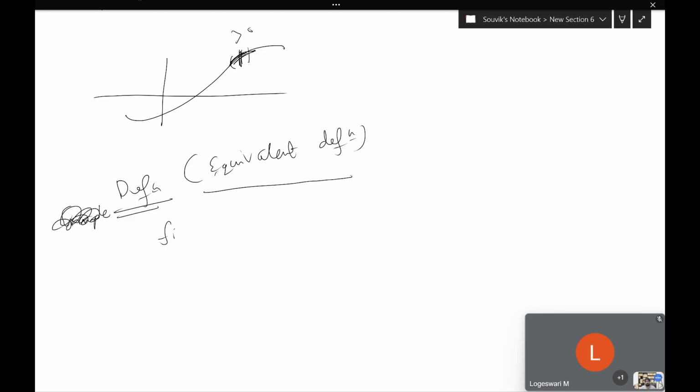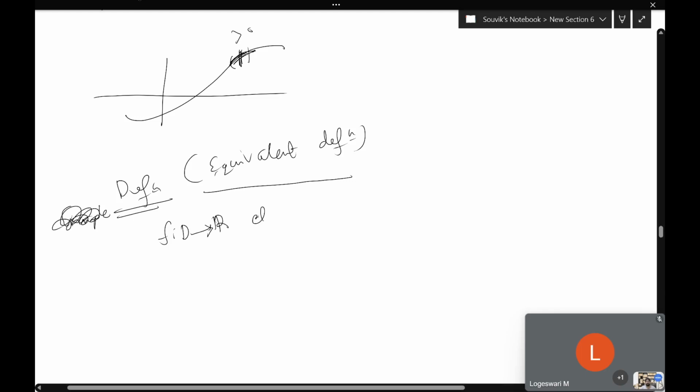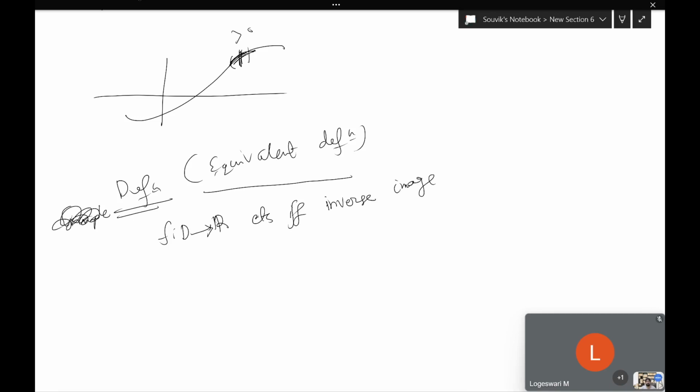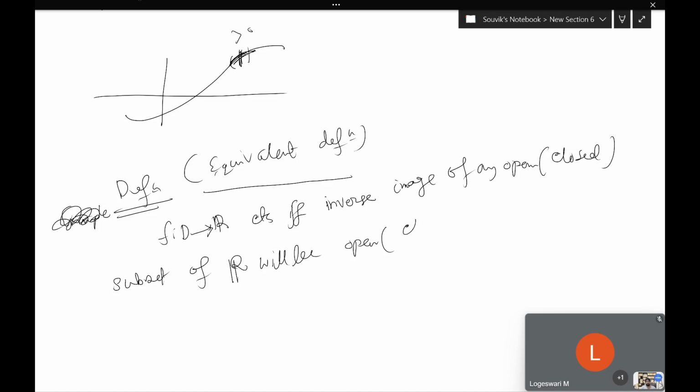This tells that a function f from D to R is continuous if and only if the inverse image of any open set of R is open, and the inverse image of any closed subset of R is closed. That's the thing.